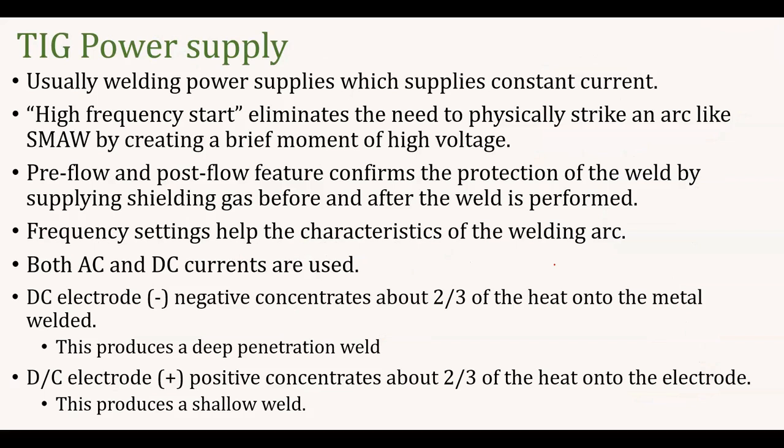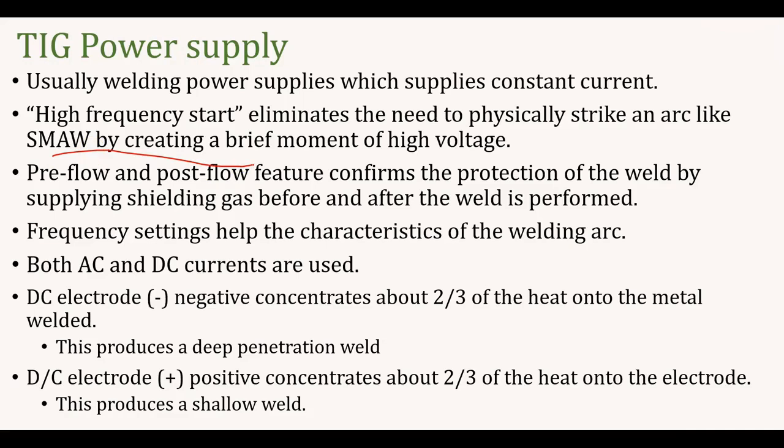Coming to the TIG power supply, usually a welding power supply supplies the current very constantly, since here we are going to use a non-consumable electrode, so the welding power supply is very important in such cases. High frequency start eliminates the need to physically strike an electrode like in the SMAW process by creating a brief moment of high voltage.